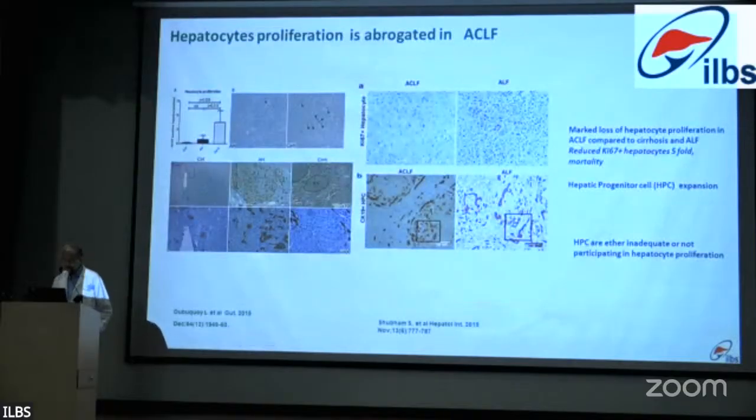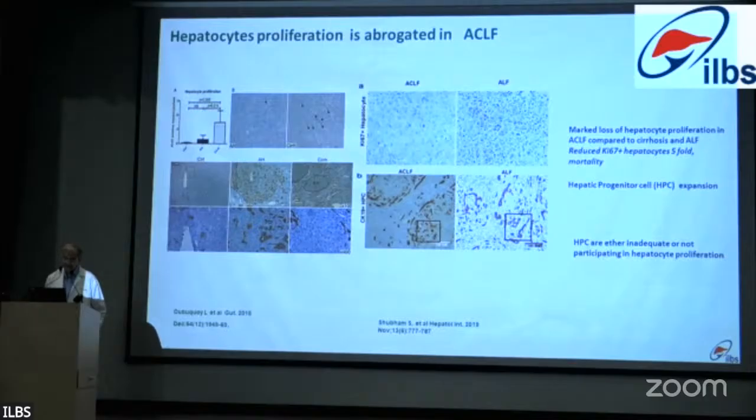This was also seen in the thesis by Smriti. And this work in the gut showed clearly that there are reduced Ki67 hepatocytes. They are decreased in patients who have acute liver failure because the regeneration potential has gone down. And this is in alcohol patients.